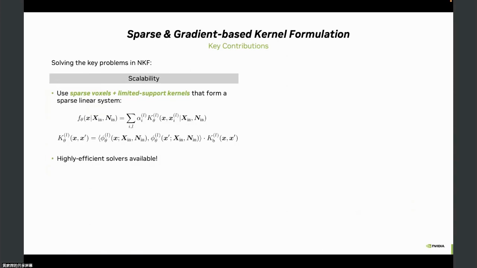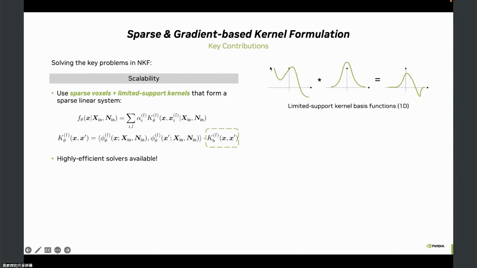To add this sparsity into the kernel method, we choose a kernel with limited support, which means the supported domain of the kernel is very small, so that the interactions between the kernels are limited to nearby voxels. You don't have to maintain very long-range correlations, but only near-range correlations, where we have very highly efficient solvers.